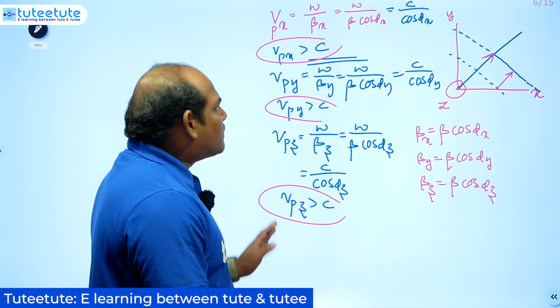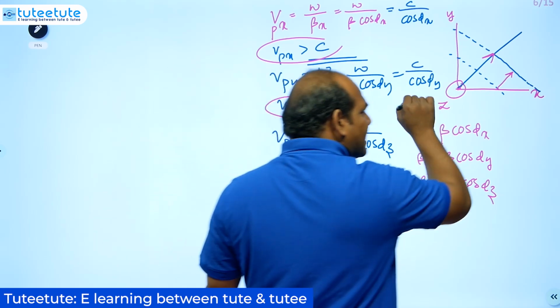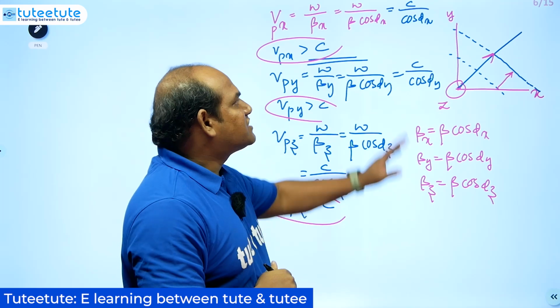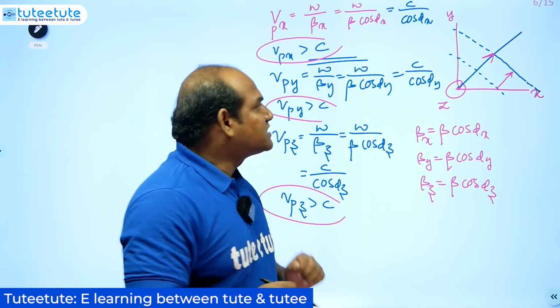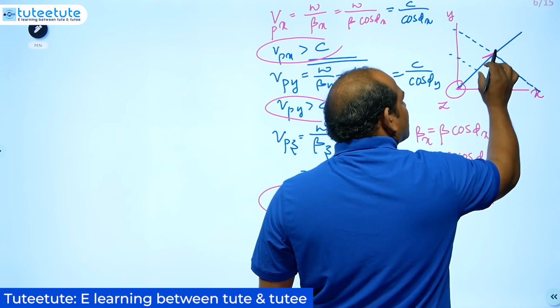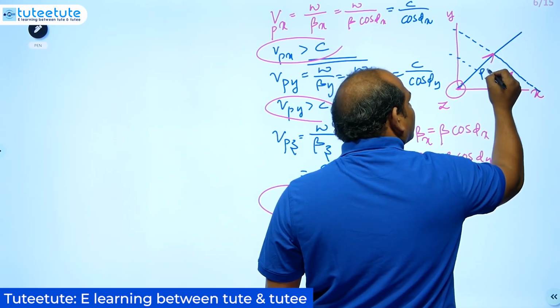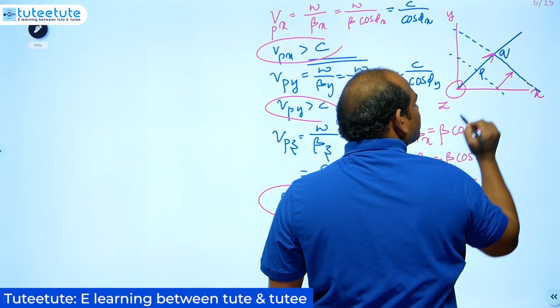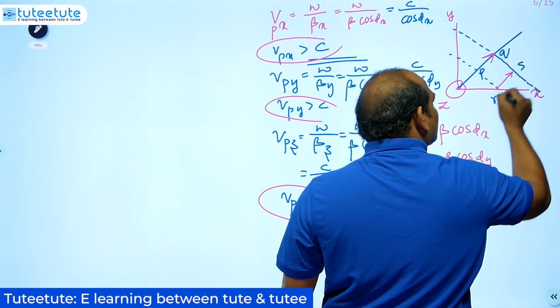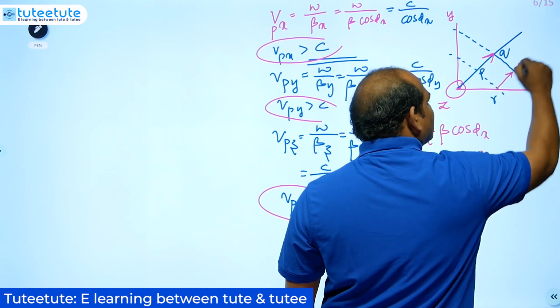So what we have found along the x direction, you see why it is coming like this. Just by seeing this diagram you can understand it in an easy way. You see here the wave is traveling in this direction. This is point P, this is point Q, and here R, S. PQ is equal to RS, so no problem, the wave is traveling like this.